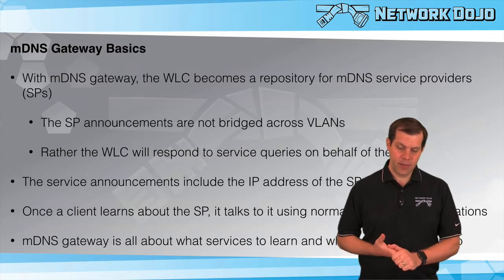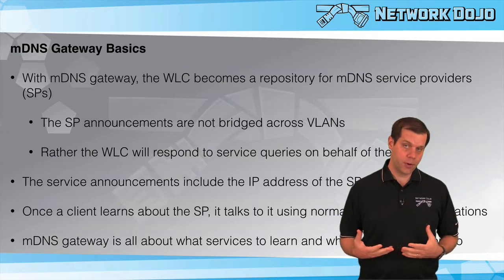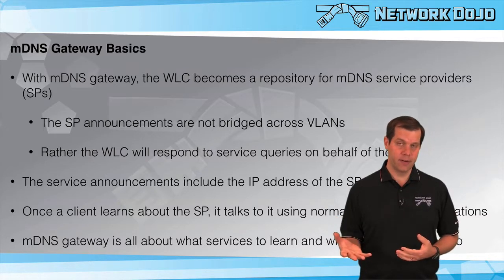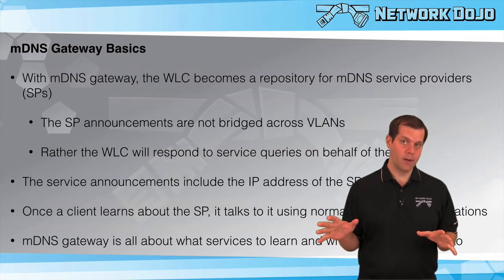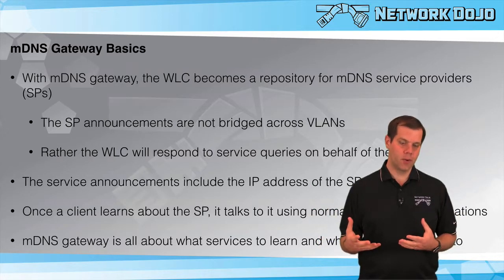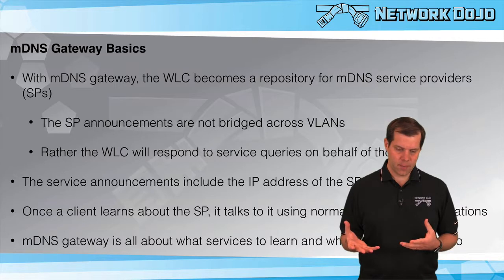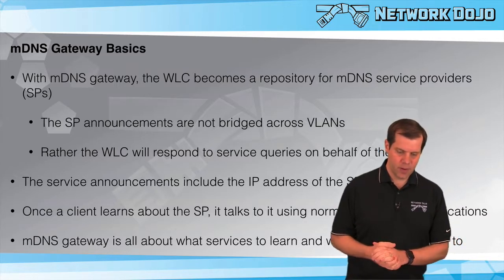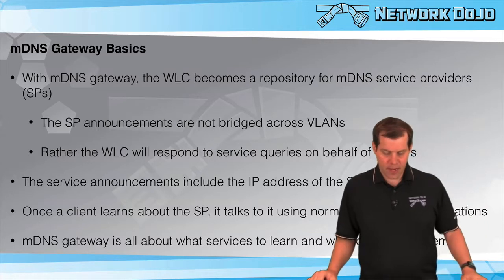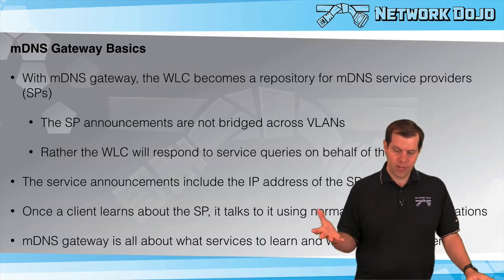With the mDNS Gateway, the controller becomes essentially a repository for mDNS service providers. So who's out there? What do they have to offer? We're going to build a repository, and this repository is what we can use to advertise services. The service provider announcements are not bridged across VLANs.